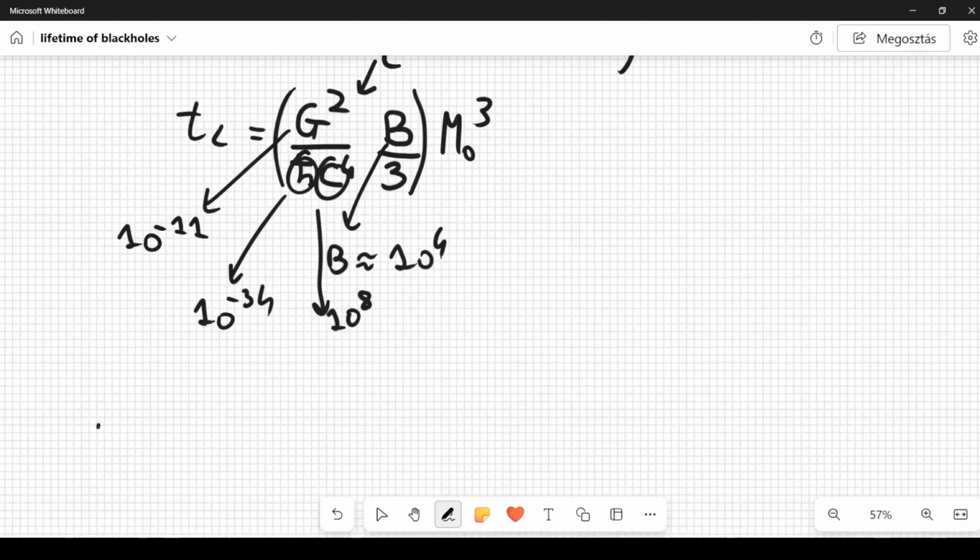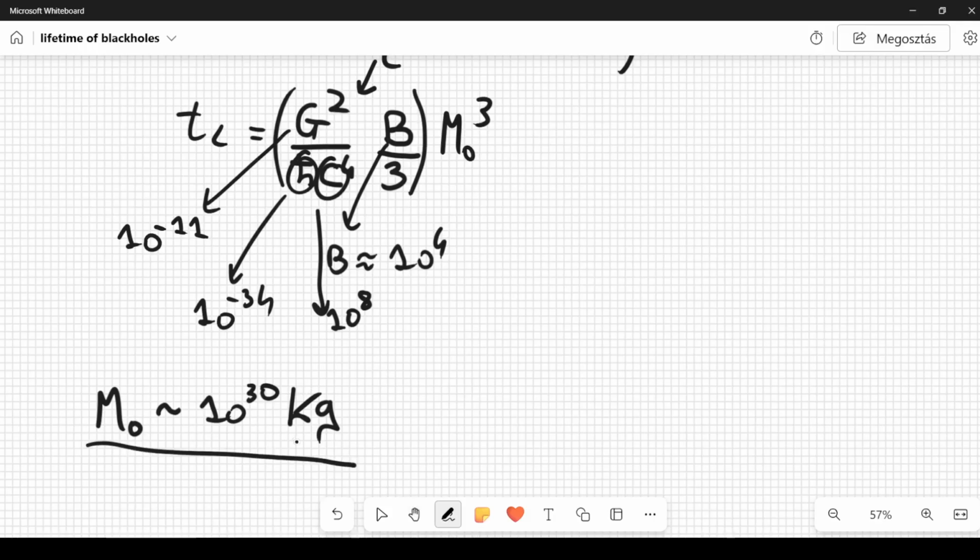Now, if we consider the mass of the Sun, this would be m0 in our case: m0 is of the order of 10 to the 30 kilograms for the Sun. It's as if we are considering a black hole with this mass, with the initial mass equal to the mass of the Sun.